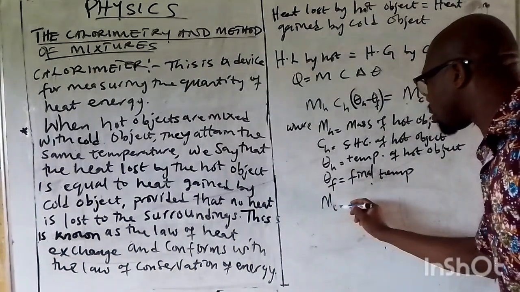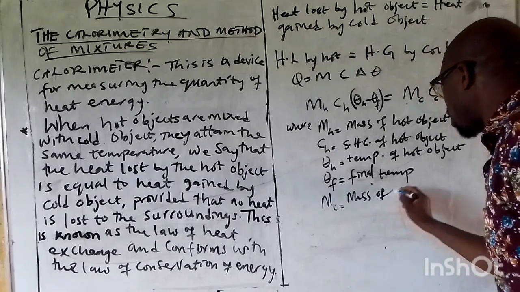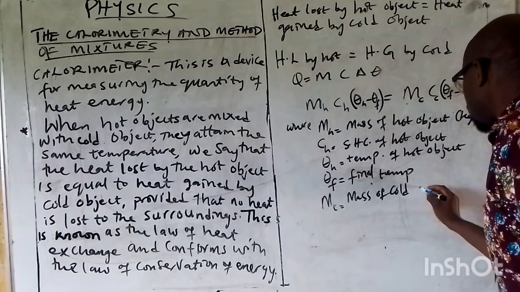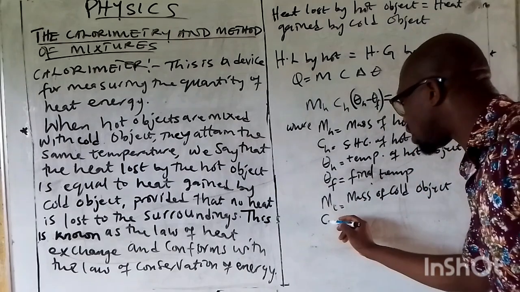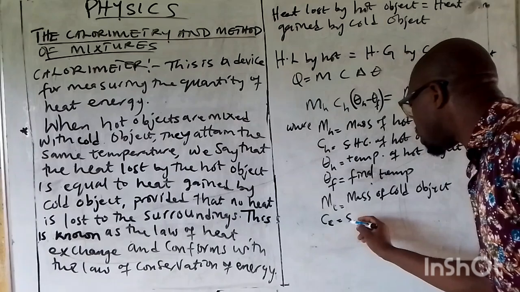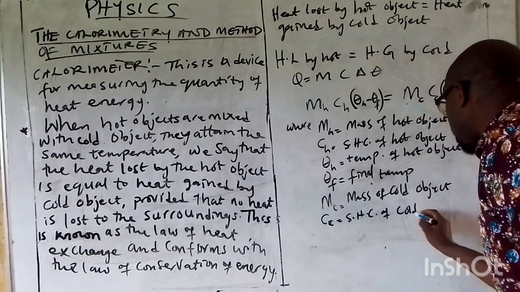mC is mass of cold object. The same thing goes for cC, specific heat capacity of cold object.